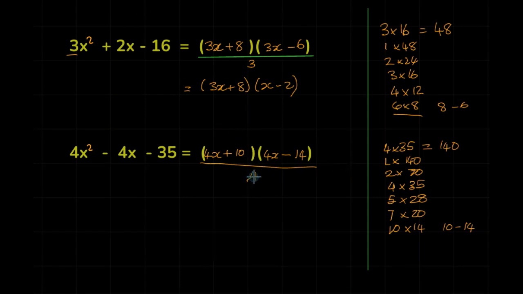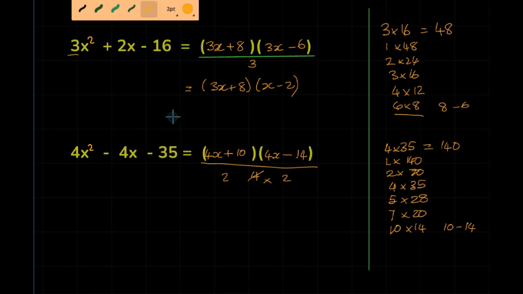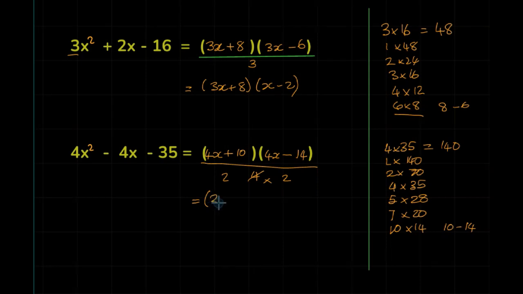So I'm going to cross it out and do it as 2 times 2. We can now divide. So if we do 2 into 4x plus 10, we get 2x plus 5. And if we do 2 into 4x minus 14, we get 2x minus 7. And there is our answer.